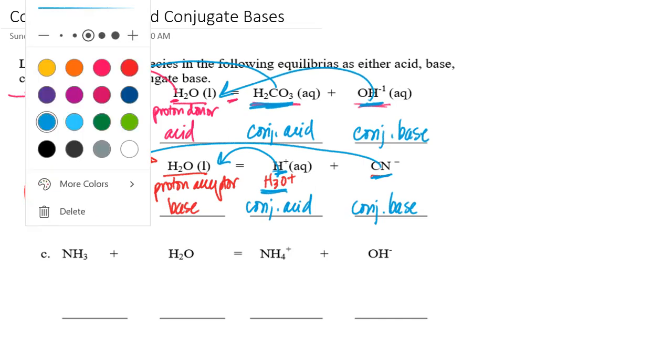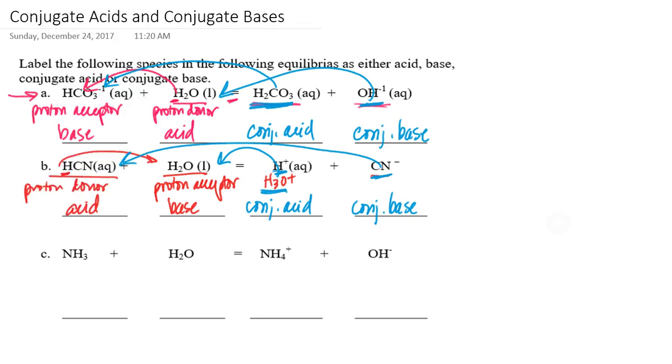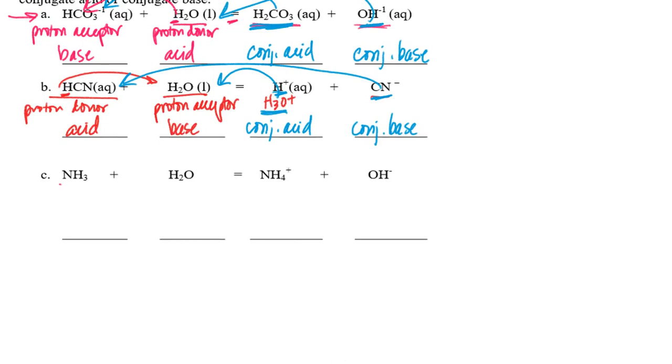Let's do the final example on this slide. I have ammonia reacting with water, and that's going to give me the ammonium ion and a hydroxide ion. And so what's happening here is a proton is going to be donated by the water to the ammonia.